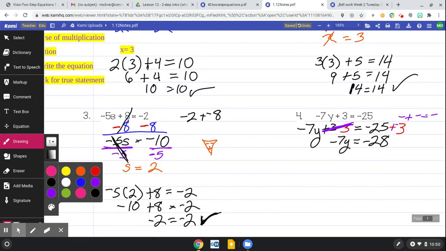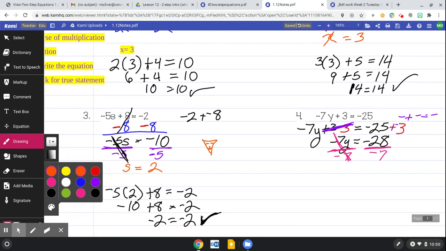Alrighty. The opposite of multiplication is division, on both sides. Both sides, people. Divide by negative 7 because that's what we're multiplying with y, and we want to get y by itself. Negative 7 divided by negative 7 makes a big fat 1.